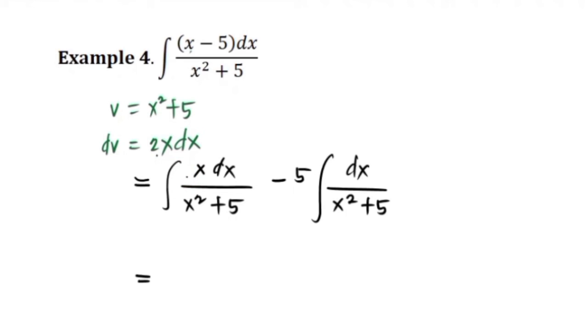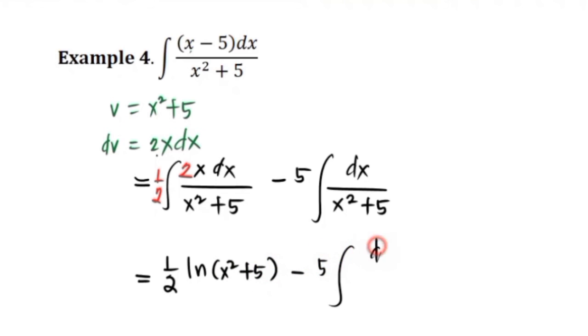So, what we are going to do is to multiply 2 sa numerator. Since nag-multiply tayo ng 2 sa loob, we have to multiply 1/2 or the reciprocal dito sa labas. And we would have 1/2, since derivative na yung nasa taas, so therefore this is just the ln of the denominator, x squared plus 5, minus 5 the integral of dx.